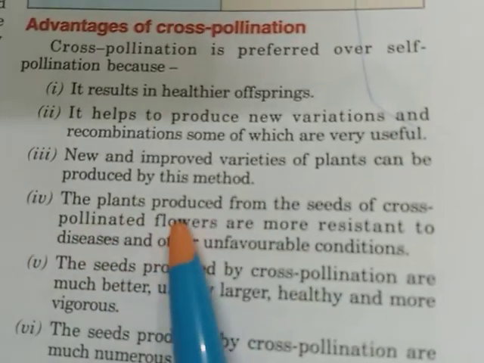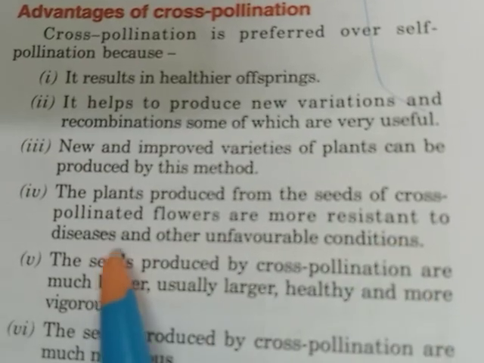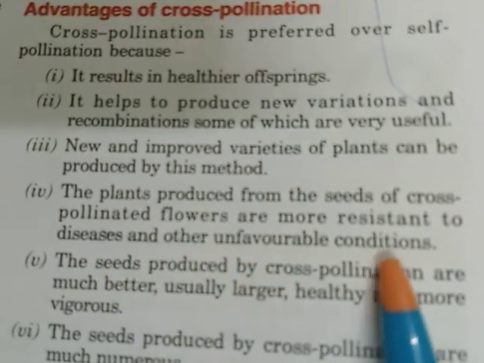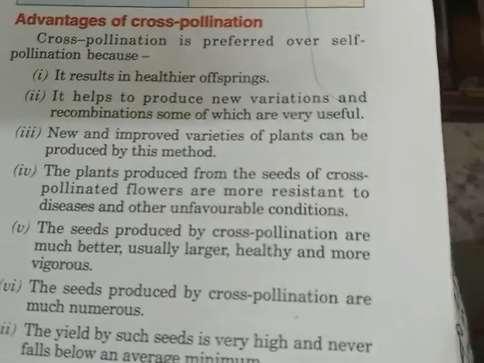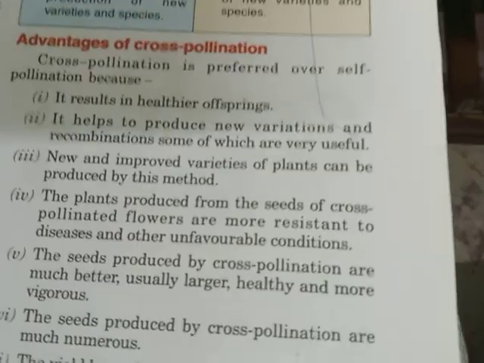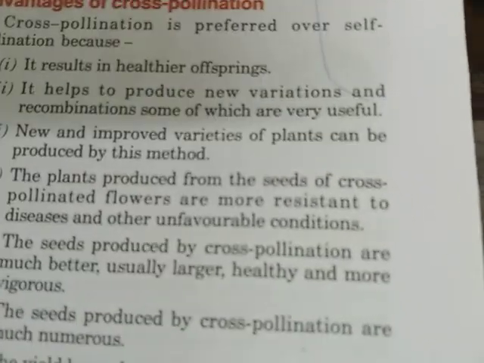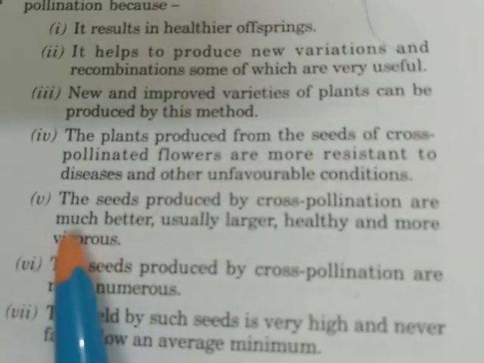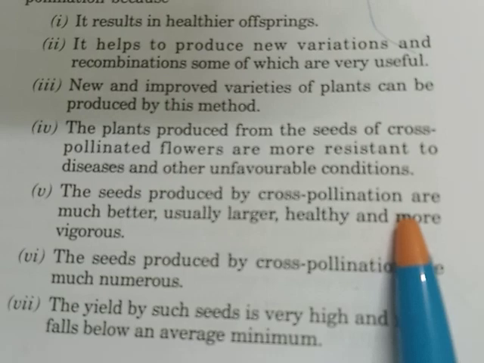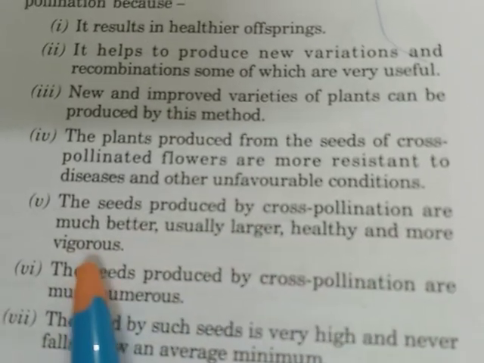The plants produced from the seeds of cross-pollinated flowers are more resistant to diseases and other unfavorable conditions. The seeds produced by cross pollination are much better, usually larger, healthy, and more vigorous.